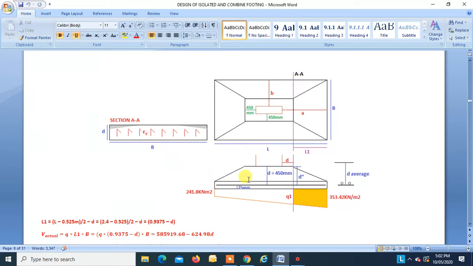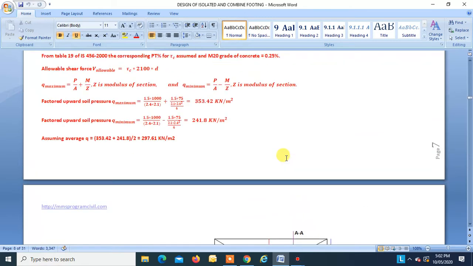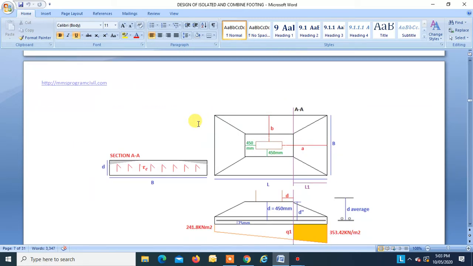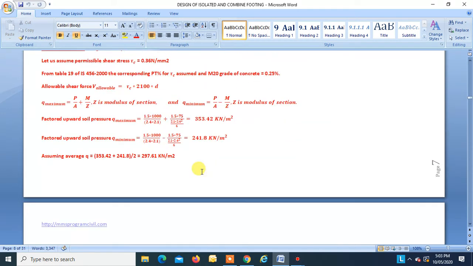So just for assuming D dash, I am taking this as a rectangular section at a distance D. So we have one equation: allowable shear force V allowable is tau c into B into D. This is tau c, the permissible shear stress, into D into B.